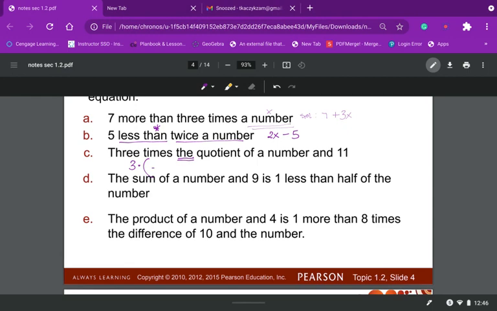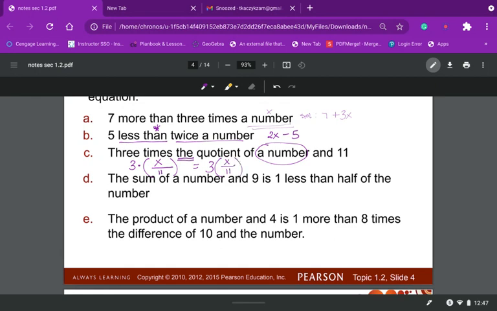Quotient stands for division, so I'm going to put a fraction bar. Of a number, we don't know what number, so I'm going to put x divided by 11. Okay. So you can leave the solution that way. This is the same as 3 times x over 11.